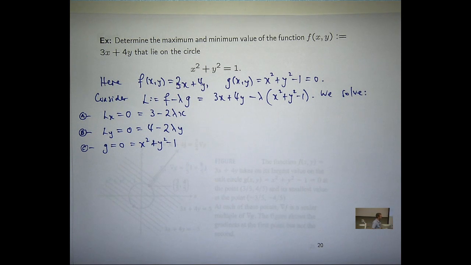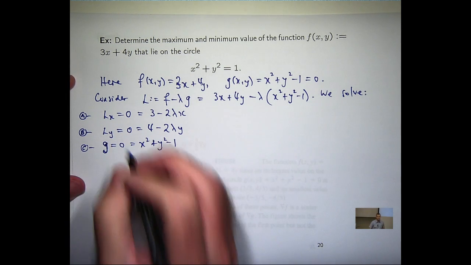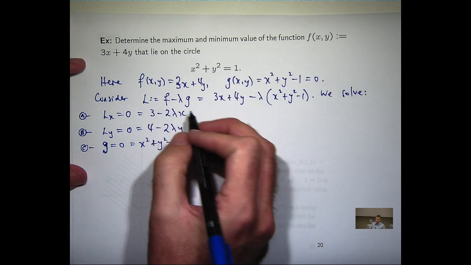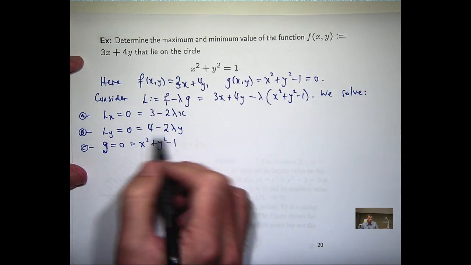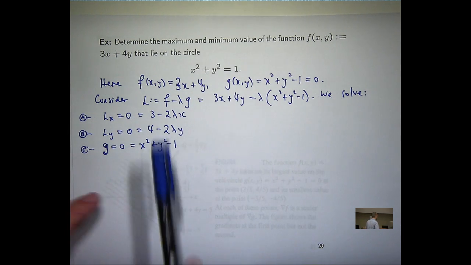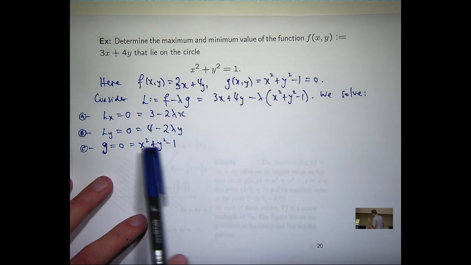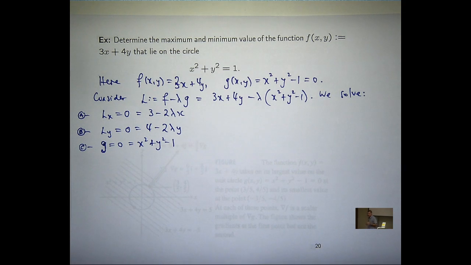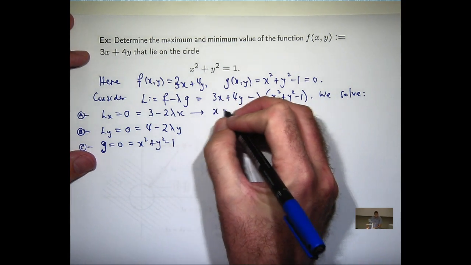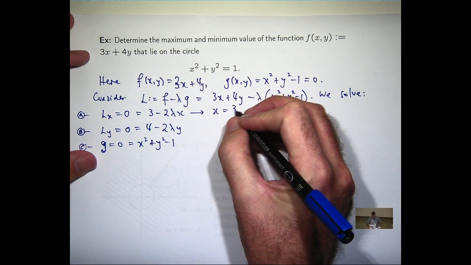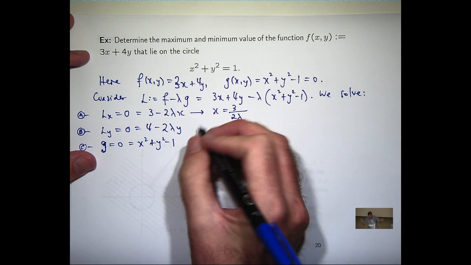So now we've got a bunch of simultaneous equations. Let's see if we can solve them. Well, I'm just going to rearrange this and make x the subject. I'm going to rearrange this and make y the subject. And then I'm going to plug x and y into C. So if I make x the subject, I'll get that.